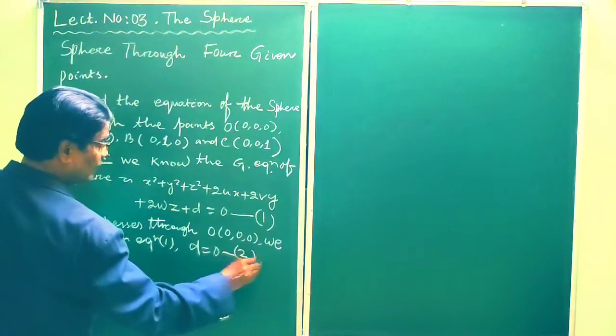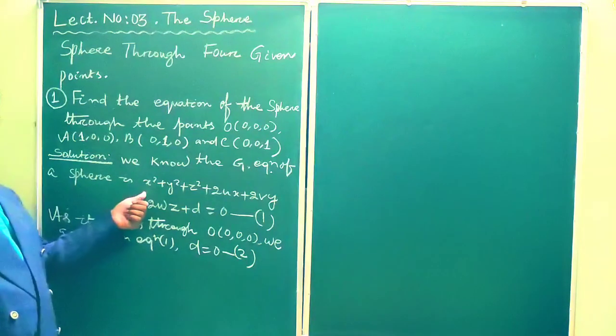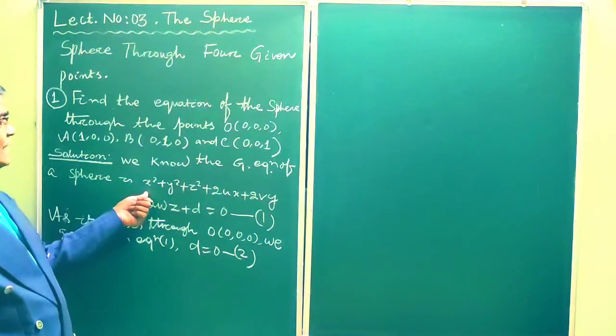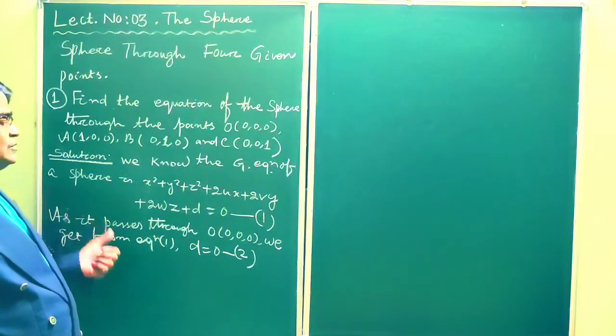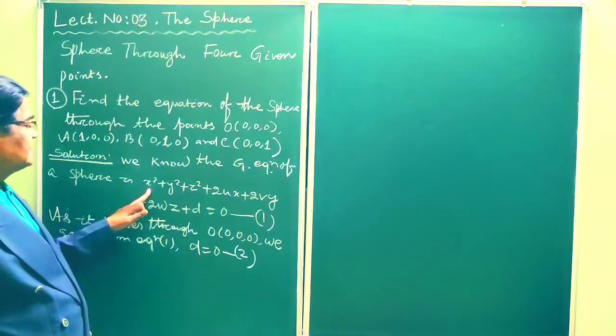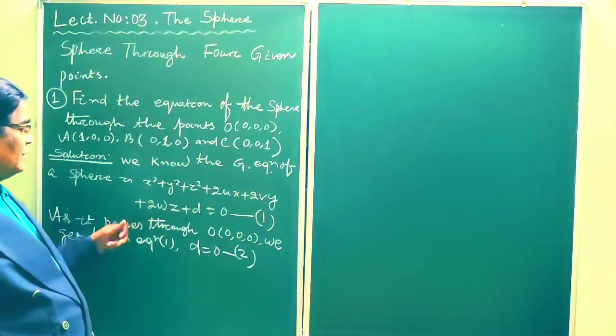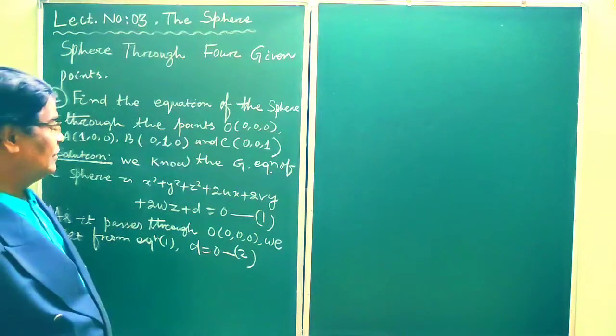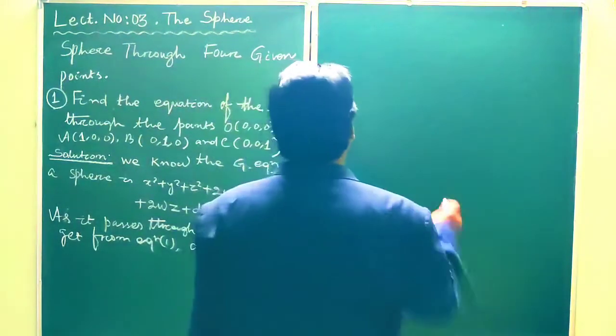This is equation 2. Because we have to put x, y, z equals to 0, 0, 0. That means x is equal to 0, y is equal to 0, z is equal to 0. By which we get d is equal to 0. This is equation 2.